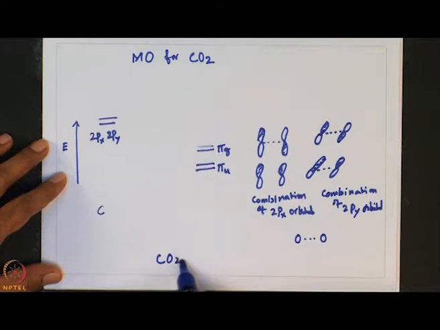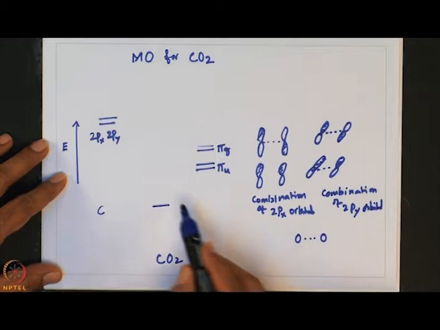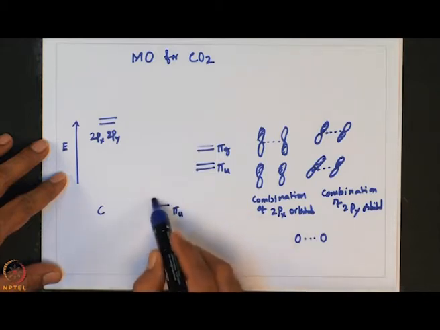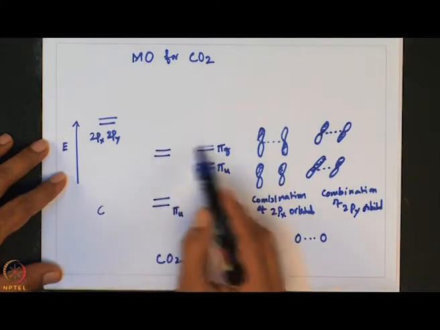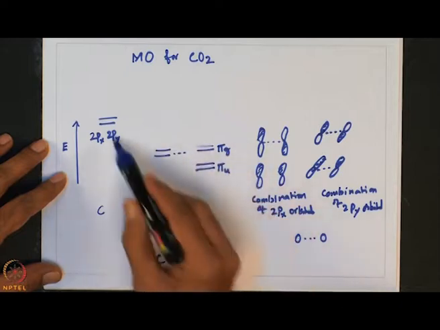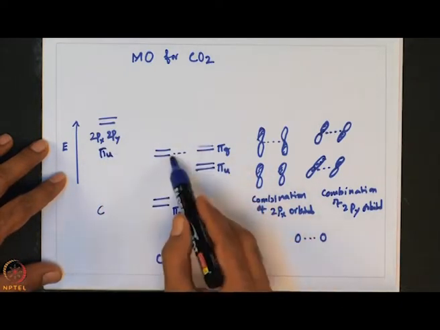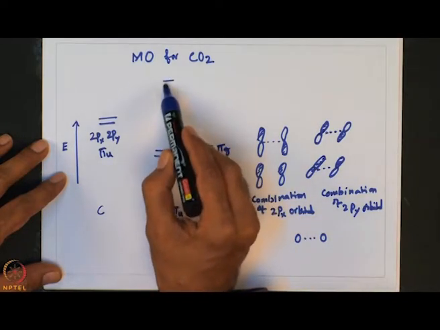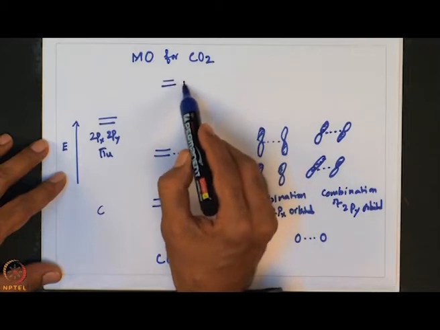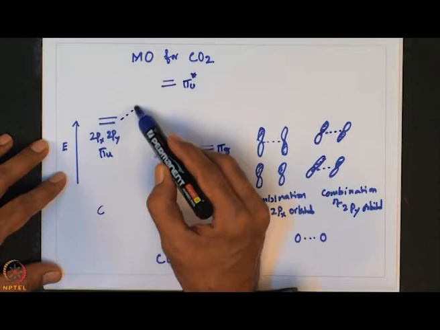Let me write the MOs here. The first one will be here. This is pi u, two of them, and then we have here almost non-bonding, because both are pi u. So, this remains as non-bonding, and now let me write pi u to connect them.